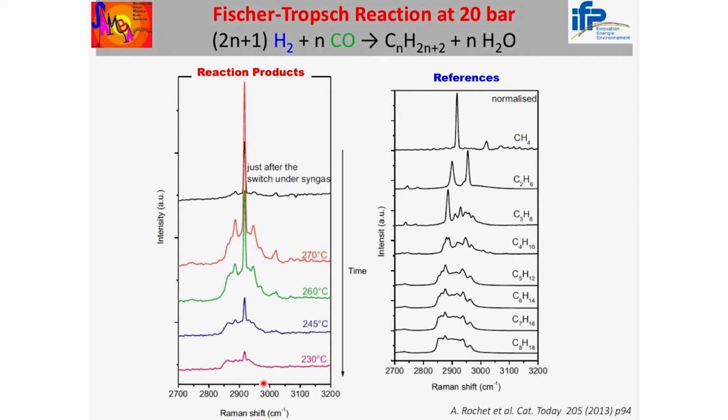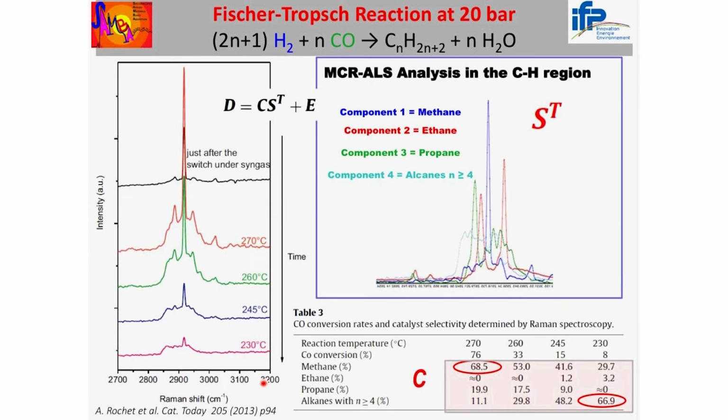That's for the qualitative description, but we can go beyond this qualitative description by using chemometric tools. Using the same set of data, the CH stretching vibration mode recorded at the different temperatures for the products of reaction, we can use the so-called multivariate curve resolution alternating least squares fitting procedure in order to determine the concentration, the proportion of the different components.